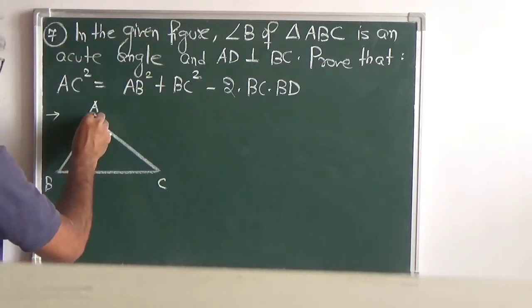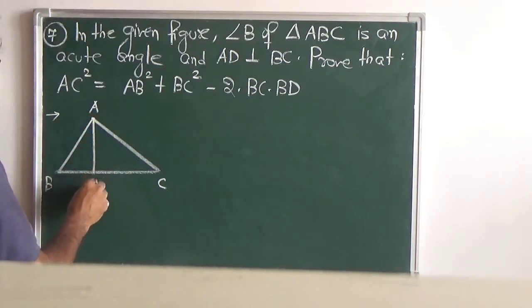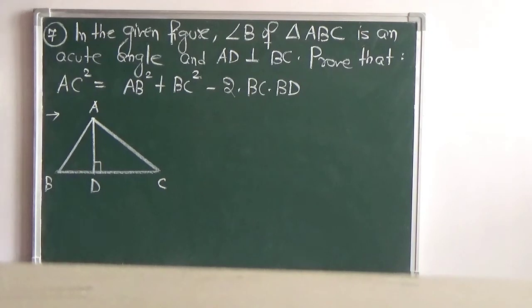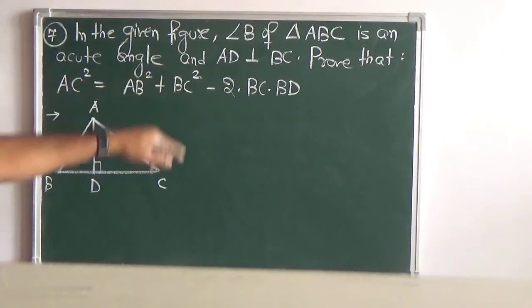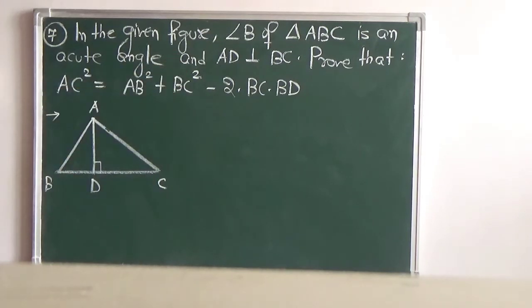So let us draw a perpendicular from here. This is given, this is perpendicular, that is at right angles. We have to get the relation AC square equals AB square plus BC square minus twice of BC dot BD. Now if you look at the triangle ADC and we apply the Pythagoras theorem, what do we have?